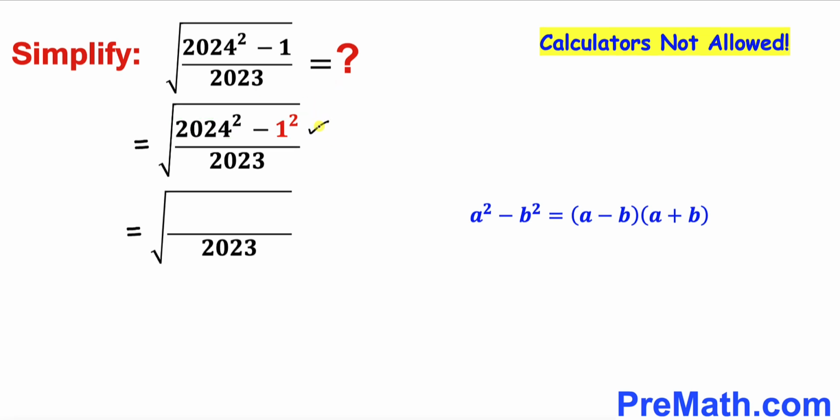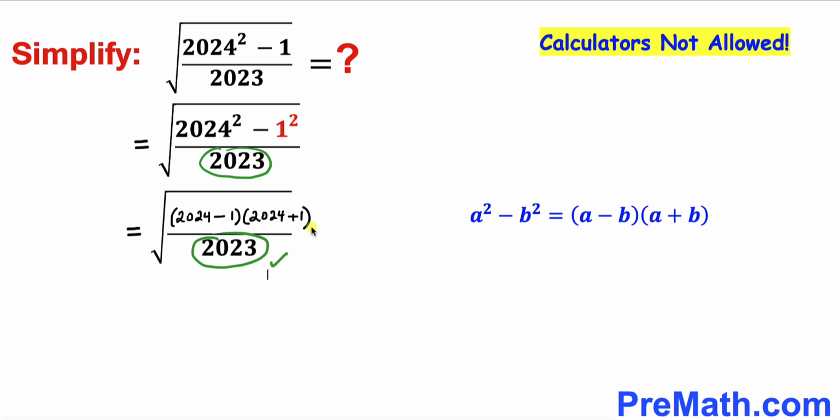Then this numerator could be written as 2024 minus 1 times 2024 plus 1, and we are not going to mess with the denominator 2023.